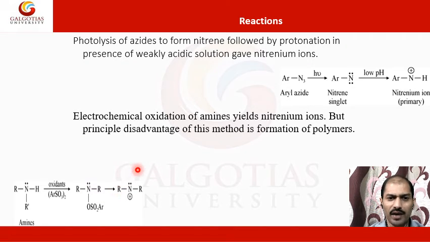So here, amines, oxidant, aromatic sulfur oxide. This makes an intermediate, and then finally it makes a nitrenium ion.